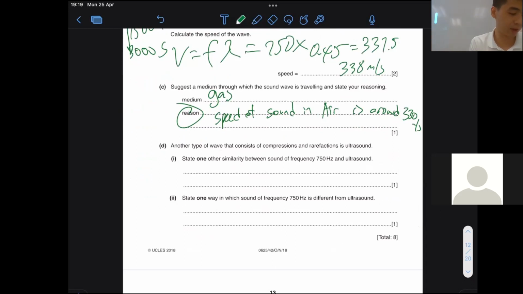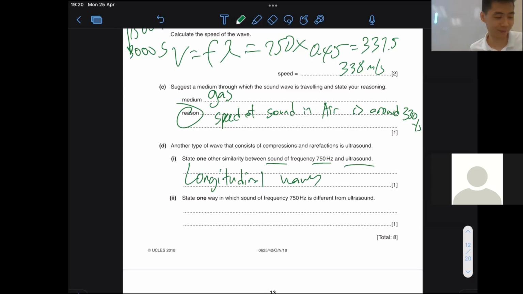Okay, state one similarity between sound of audible frequency and ultrasound. What's the similarity? Both are longitudinal waves. Good. State one difference. Is it like frequency is not the same?